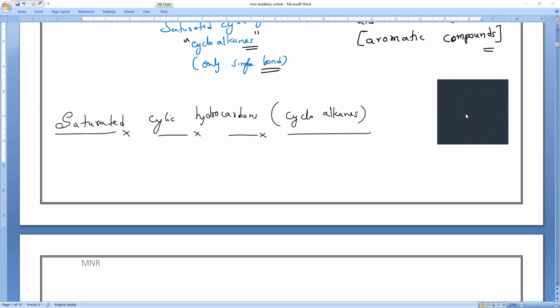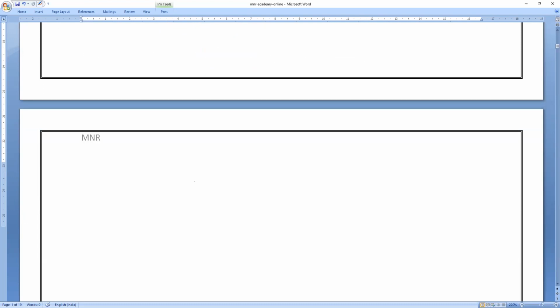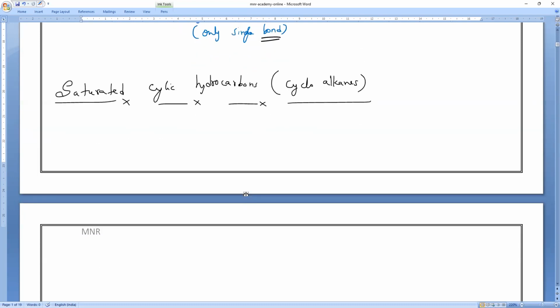It means it is a closed structure, not an open structure. Do you understand what I'm saying? Everyone, please respond. So that is what closed structure means.